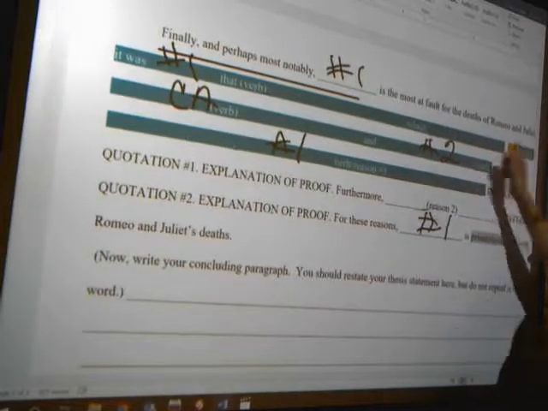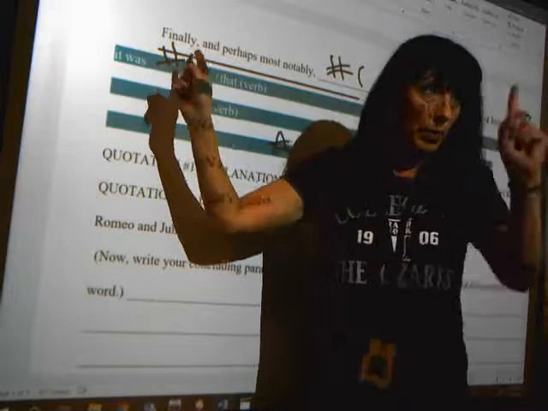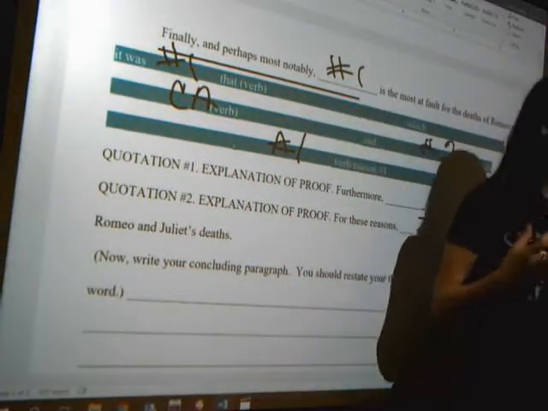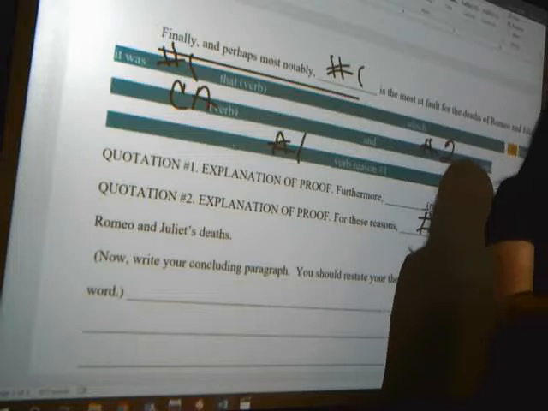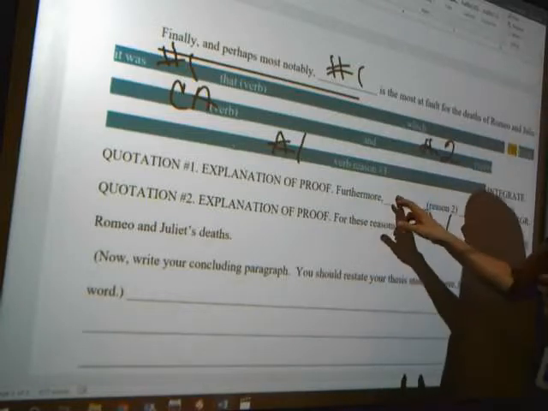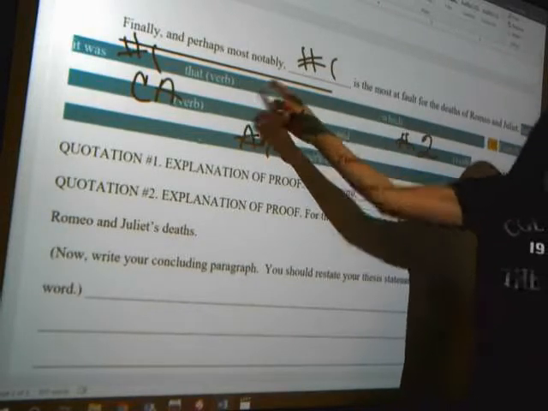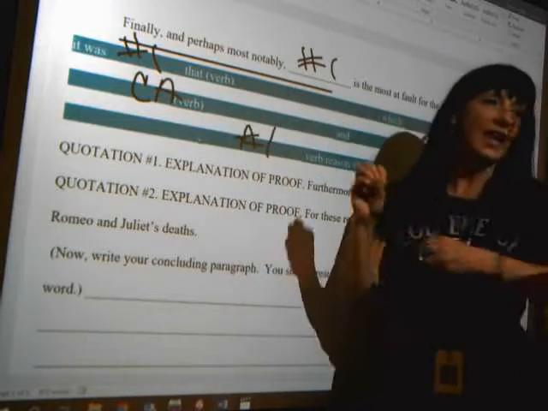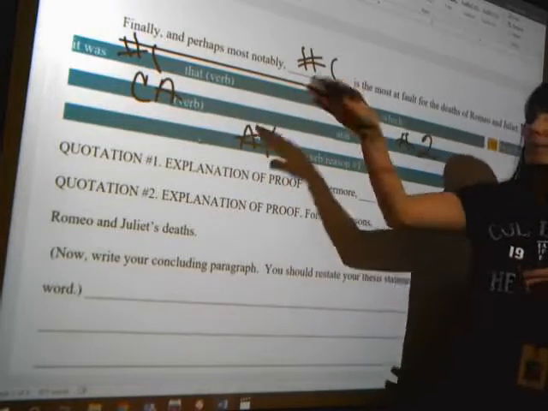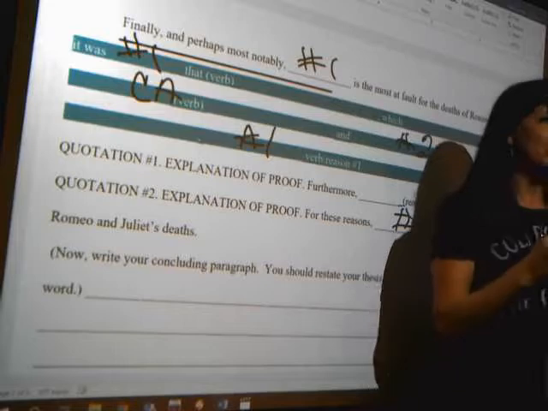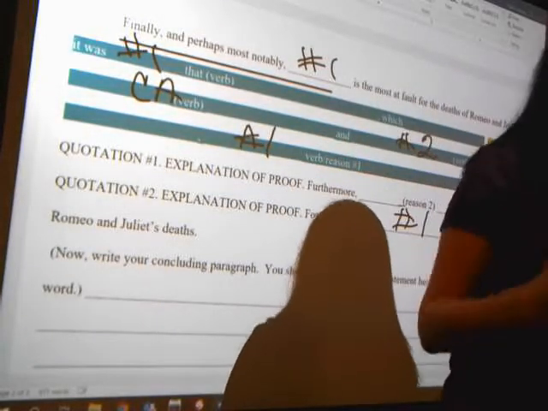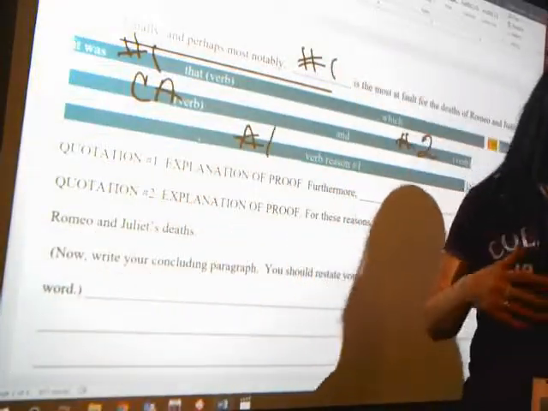Indeed, it was, number 1, that, and then you have to use a verb. What did that character do? What did they do, right? And you should have this. This is your reason, etc. So you don't have to use my exact verbs and my exact wordage here, but it will probably help you, okay? So look at your sentence, see what you have. I'll work with you whenever you need me to. If you have questions, just call me over.